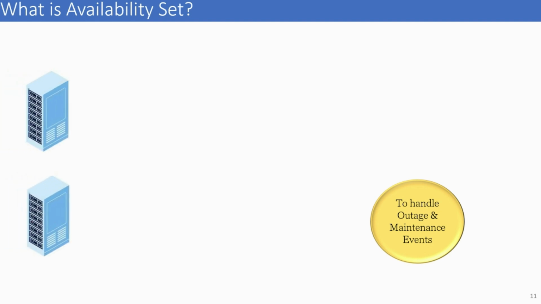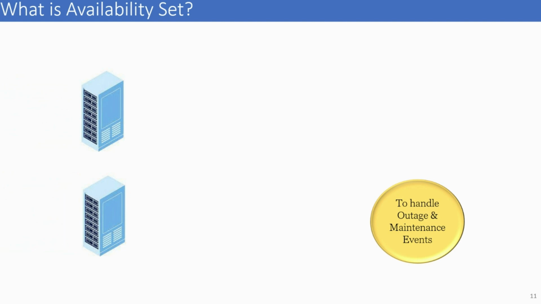Now let's see about availability sets. An availability set is one of the concepts behind Microsoft Azure. They are here to handle outages or maintenance events. Now let's say you have a set of servers, and the servers are mostly available in racks.